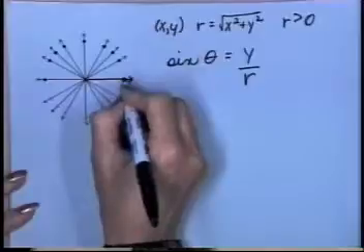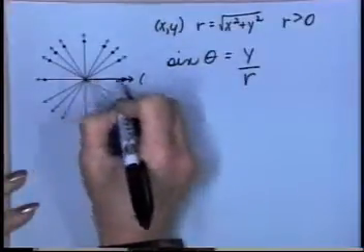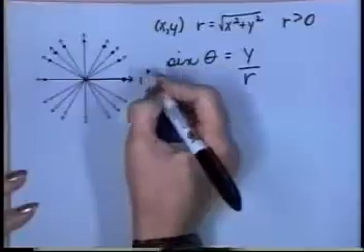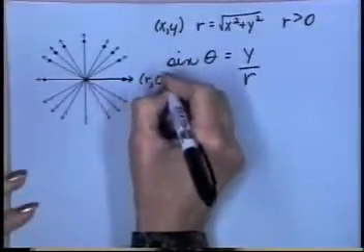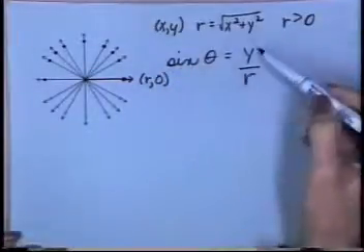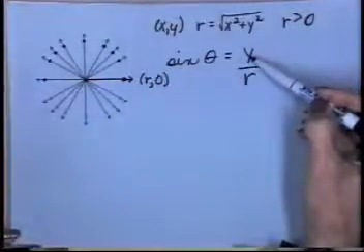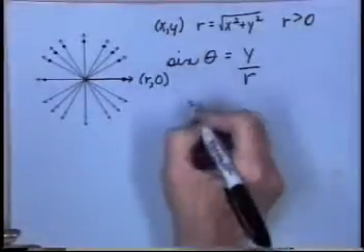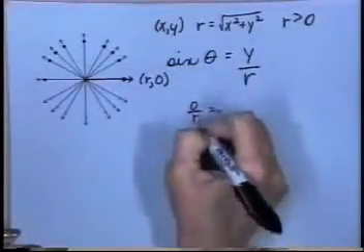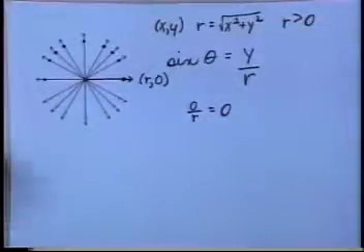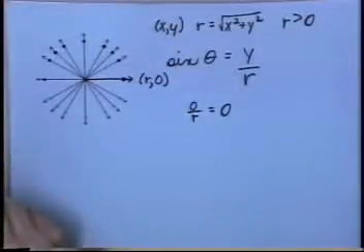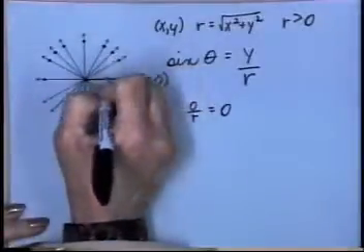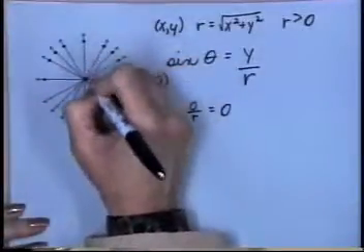Now, what I know for this point is that this distance is r, so the x-coordinate for that point is r, and because it's a point on the x-axis, I know that y is 0. So notice that my numerator is 0, my denominator is r, so of course 0 divided by r is 0. So I know that the sine of 0 is 0, and we have talked about that in other lessons, haven't we?